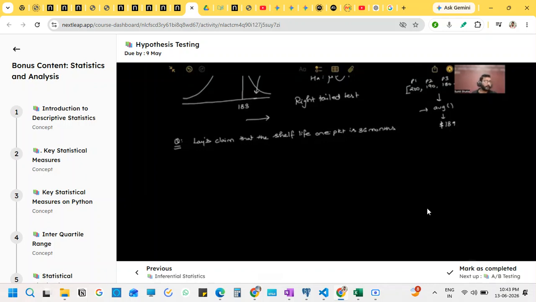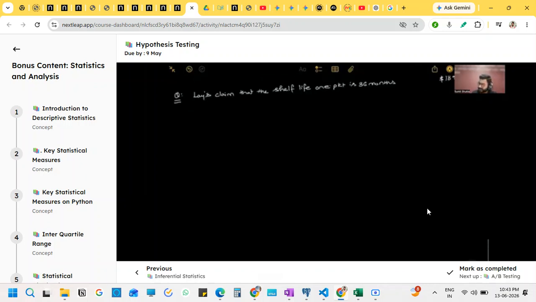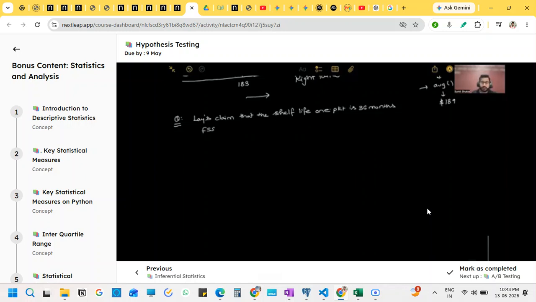Now, FSSAI believes that the shelf life is not 36 months.